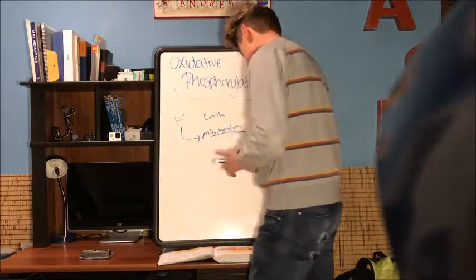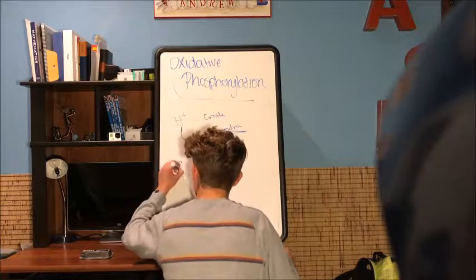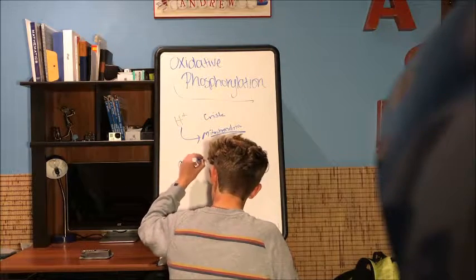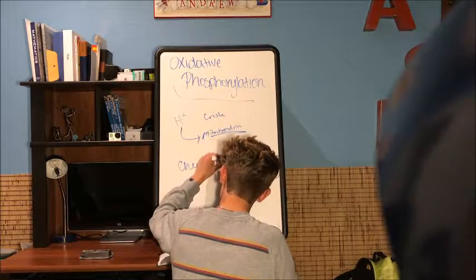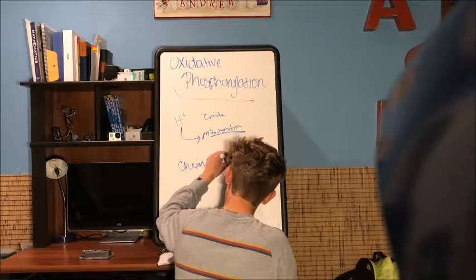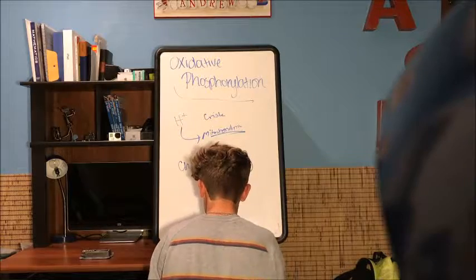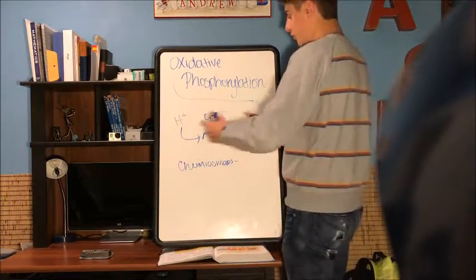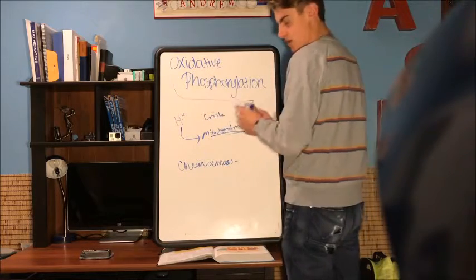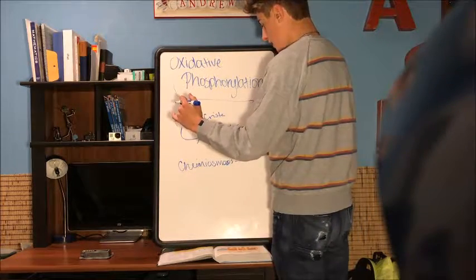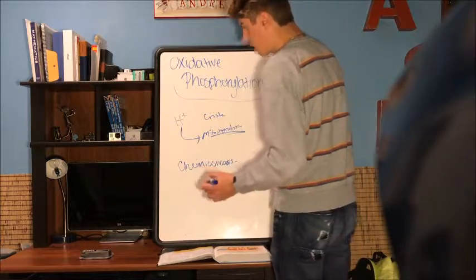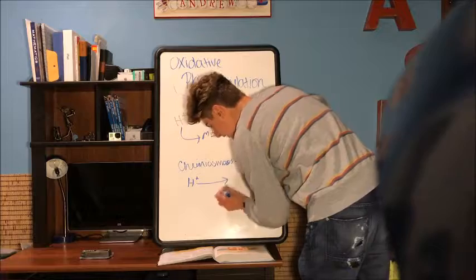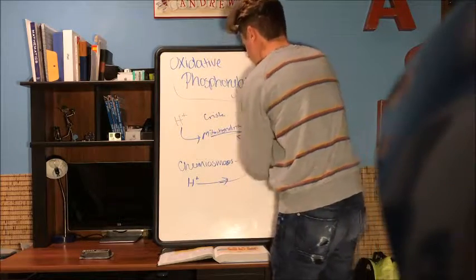And then with chemiosmosis, sorry. You take that gradient that you've created by using energy, and you allow those positive hydrogen ions back into the mitochondria up here.